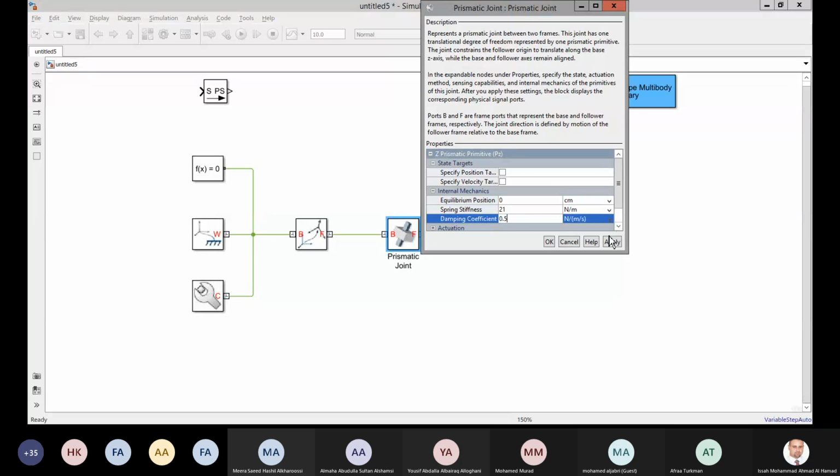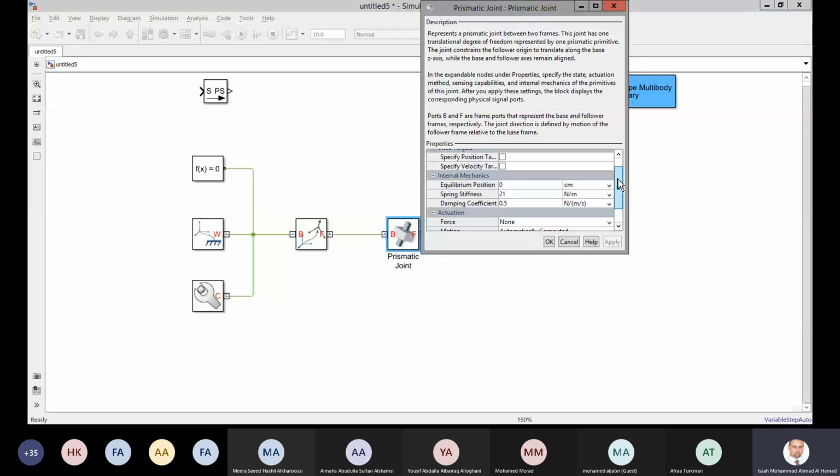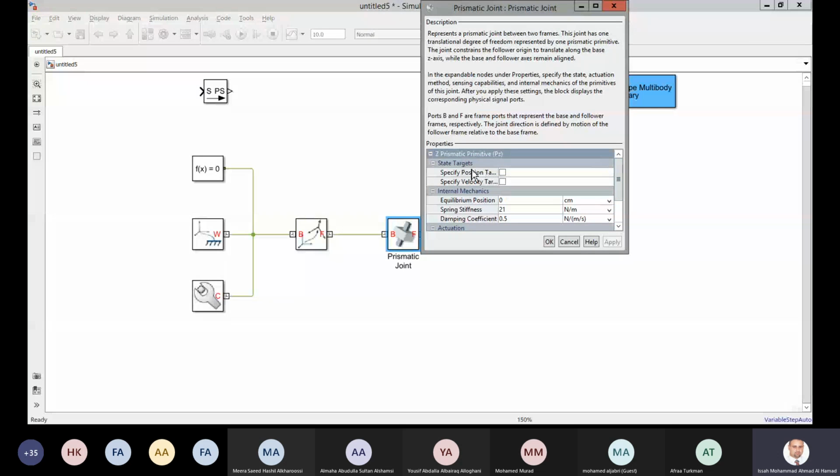Okay, type. So actuation. We will not actuate the spring by a force. We will actuate the spring by stretching the equilibrium position into 10 centimeters. So how can we add this here? We go back to the first one, the state target, and we provide a value of 10.